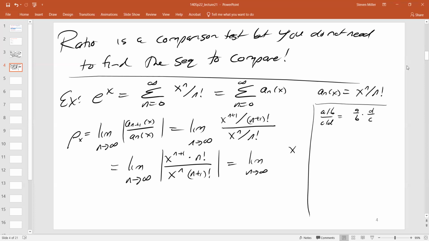So remember, n factorial is n times n minus 1, down to 3 times 2 times 1. (n+1) factorial is n plus 1 times n times n minus 1, down to 3 times 2 times 1. It's just 1 over n plus 1. So we just get x over n plus 1. x is fixed. So for fixed x, as n goes to infinity, what does this go to?